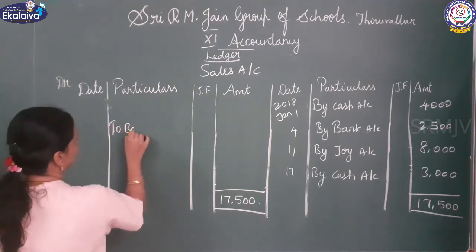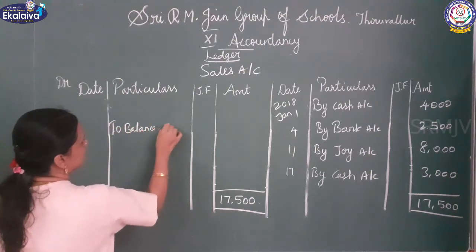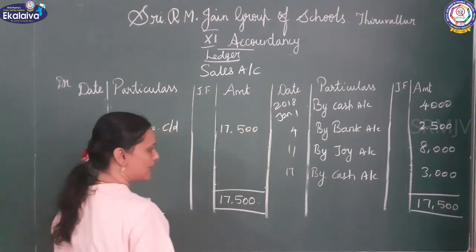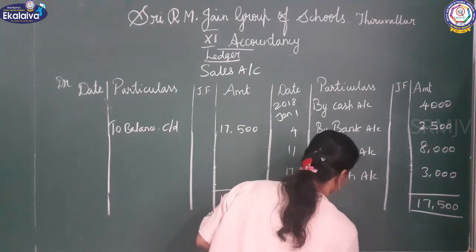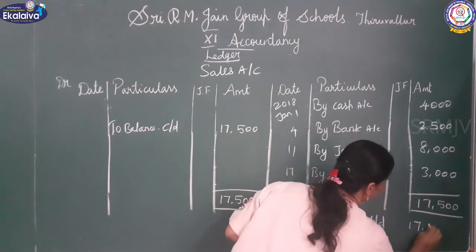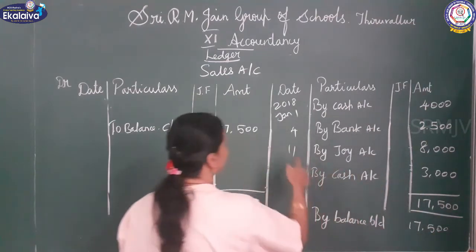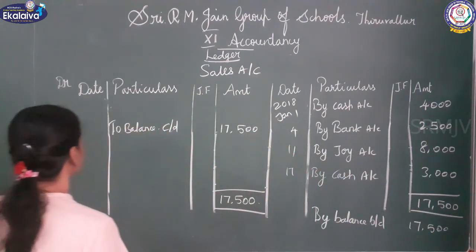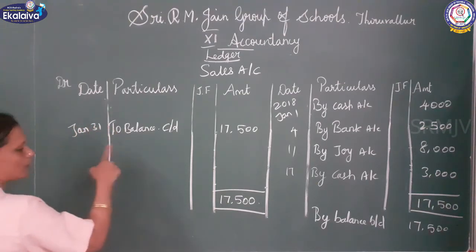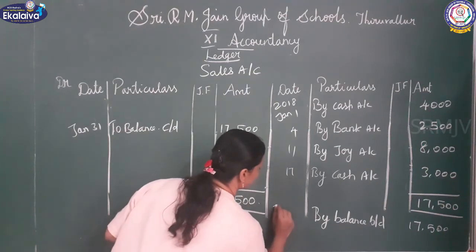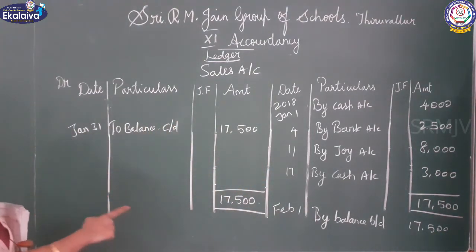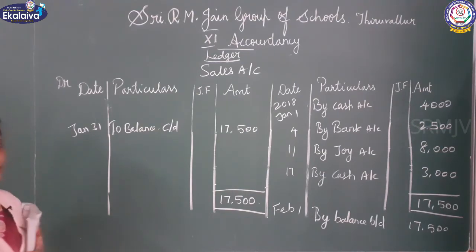So to balance carry down 17,500, and then by balance brought down 17,500 you have to write. So date January 1st, no? So January 31st here, and then the opening balance again you should write February 1st. Okay, so the date is very much important, children. You have to write this. Okay, copy this.